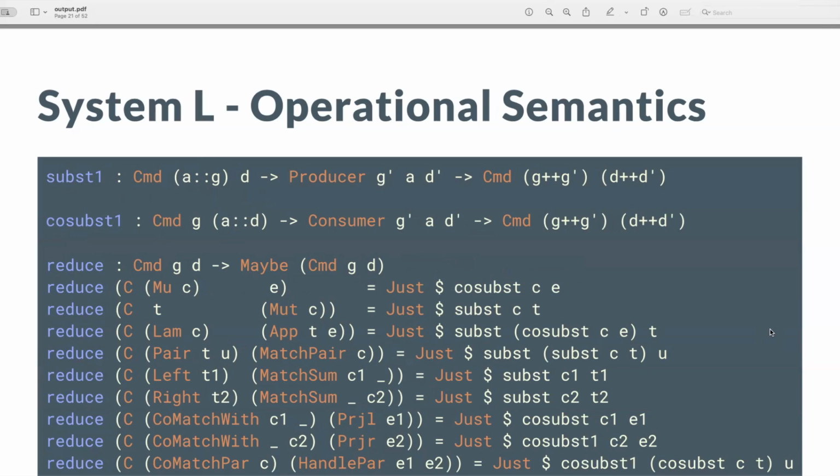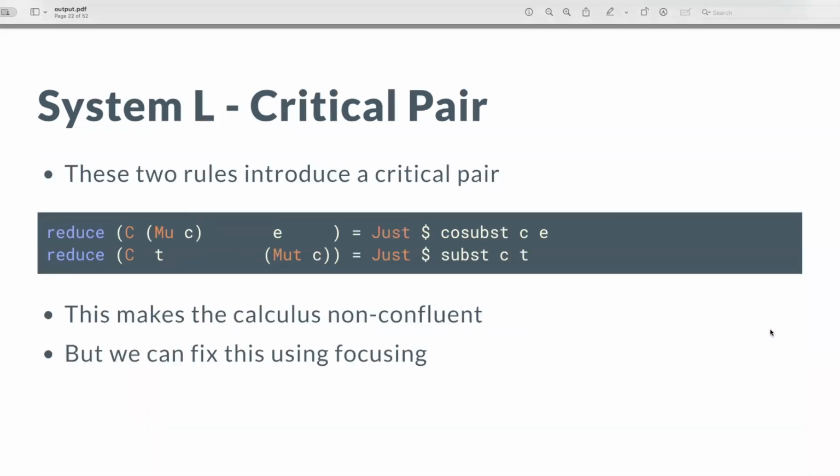And so you have lambda matches application, pair matches the eliminator for pair, injections match sum, projections match the co-pattern introducing projections, and par. A lot of things happening, but the most important thing is that the previous calculus is non-deterministic.